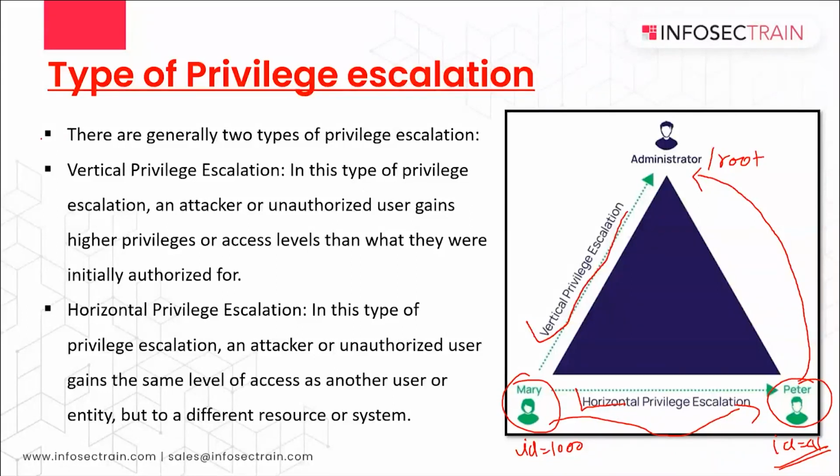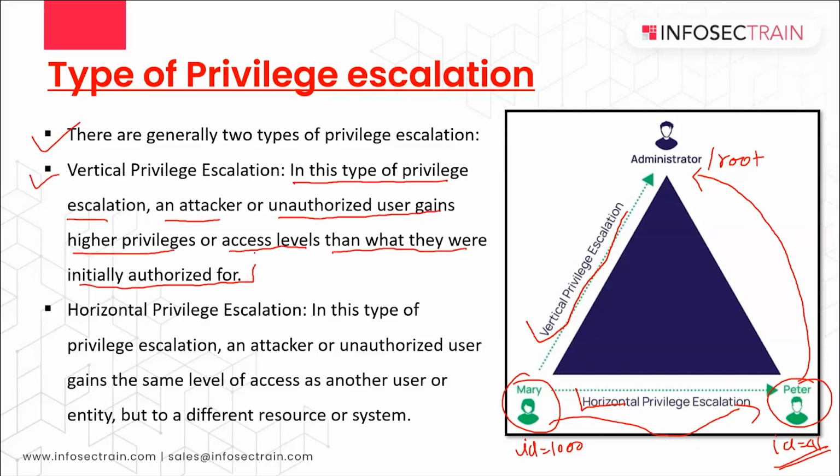So there are generally two types of privilege escalation, horizontal and vertical. Vertical privilege escalation: in this type, an attacker or unauthorized user gains higher privileges or access level than what they were initially authorized for, right?